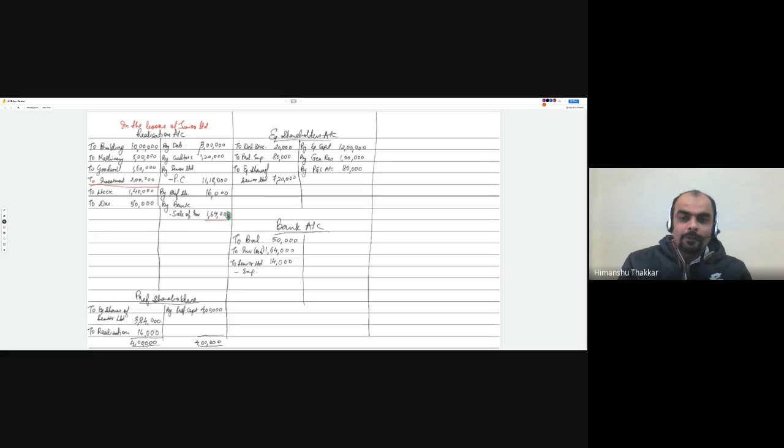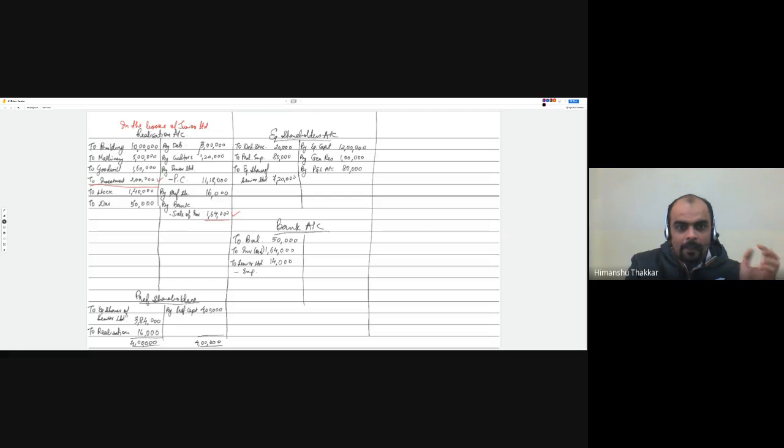The loss of 36 will be transferred here on the debit side. That way also can be done, or you can do it this way, that on the debit side you write 2 lakh of investment and you are selling it for 164. So thereby you are effectively getting a loss of 36,000 on the debit side. Both ways are correct, so don't get confused.